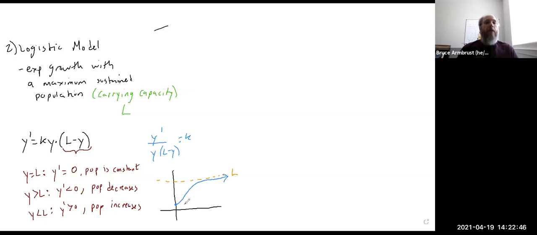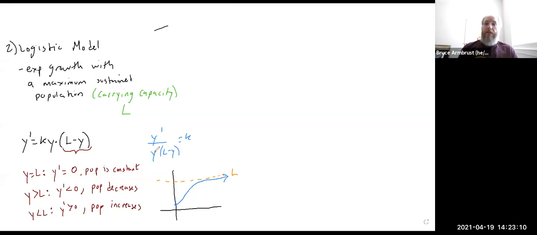But by making it more realistic, throwing on a maximum sustainable population, it made the differential equation a little bit uglier. And it also meant we had to use separation. It's no longer just linear.